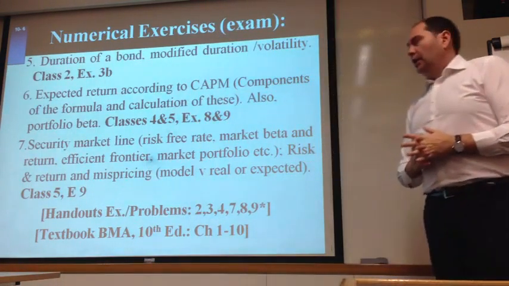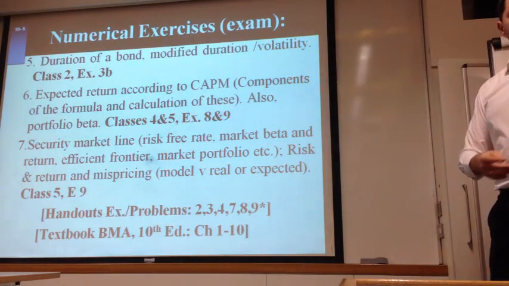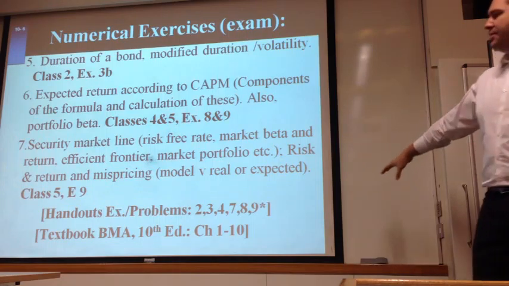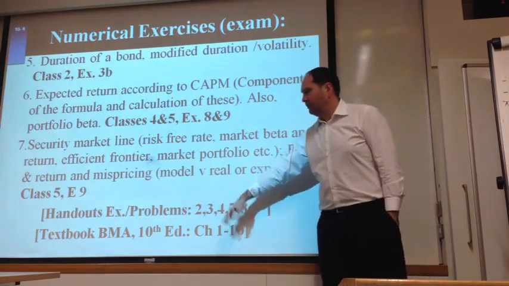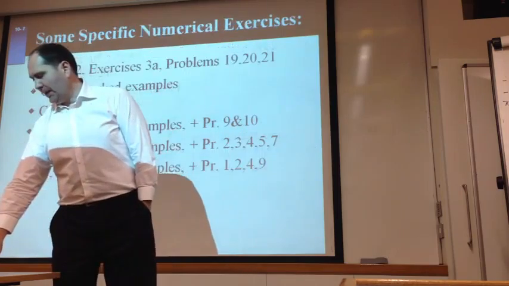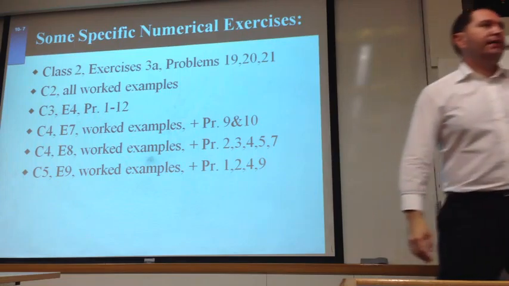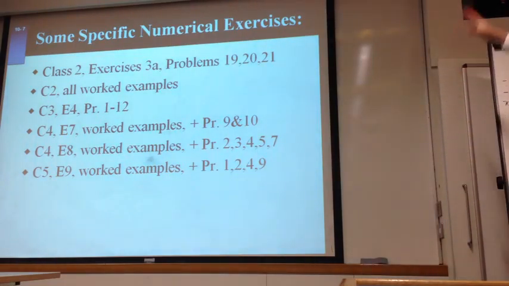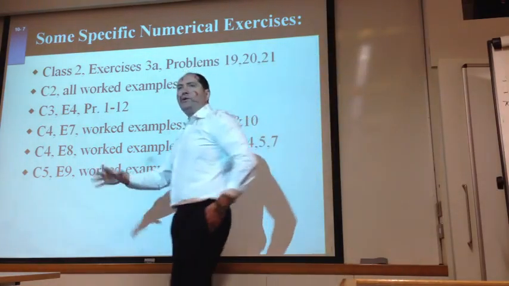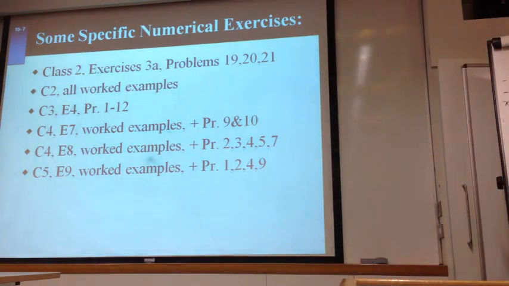Okay. Any further questions in relation to this? I'll either give you a link or make sure it's there. So this is the summary of where you can find these chapters. Some specific numerical exercises which we covered in class, again as a list. So if you really want to narrow down and focus on just a few of these, this is your list.